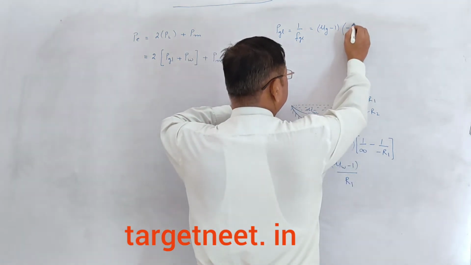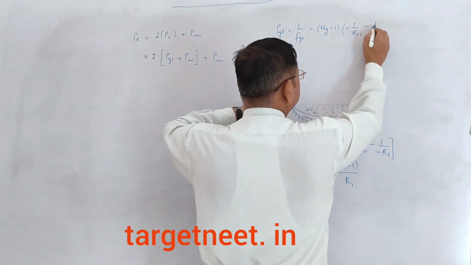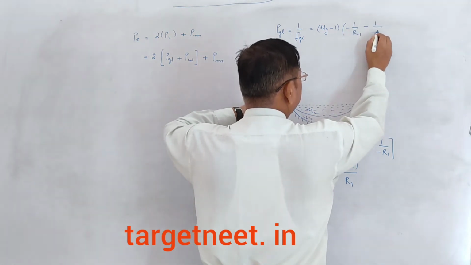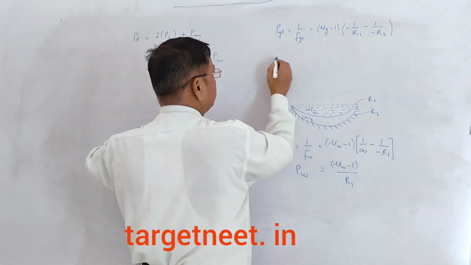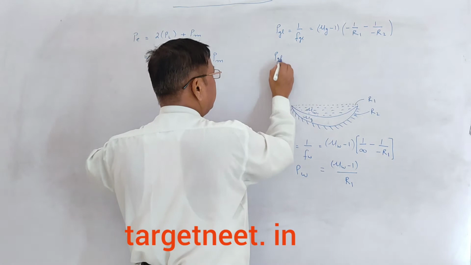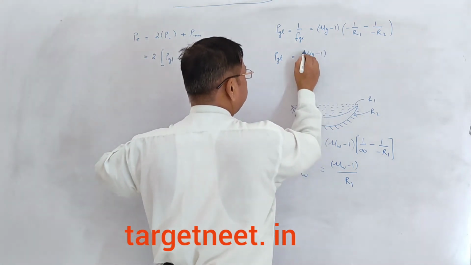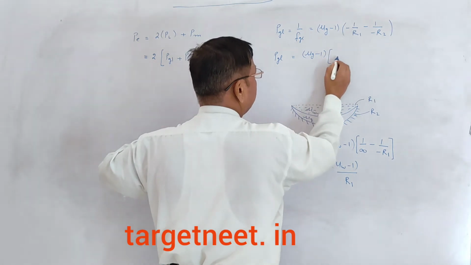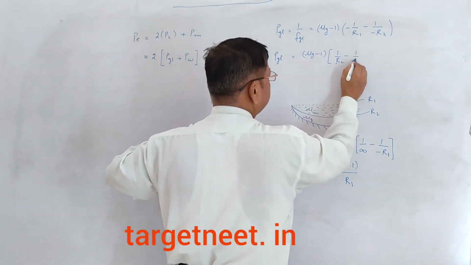So minus 1 upon R1 minus R2, R2 is also negative, so minus R2. So the power of glass is mu glass minus 1 upon R2 minus 1 upon R1.